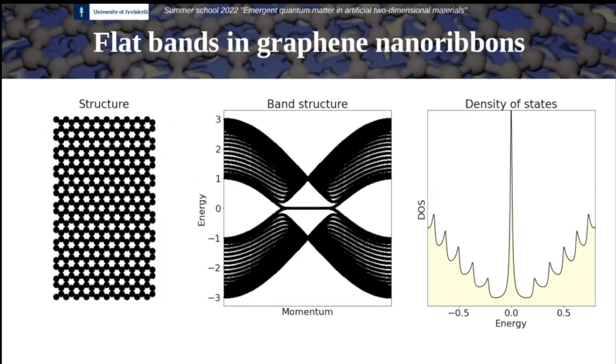And of course, the states that are giving rise to this divergence live, let's say, very close to the boundary, because of course, here in the middle, you will have almost bulk behavior. But what is important is that just with a carbon structure like this one, you can get a divergent density of states at charge neutrality. You don't have to dope the system at all.